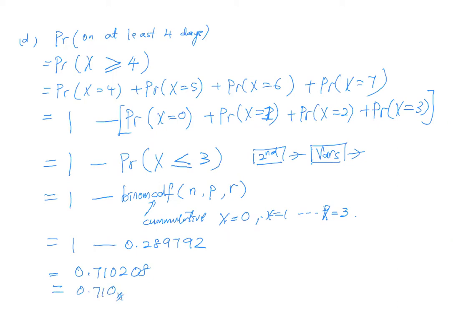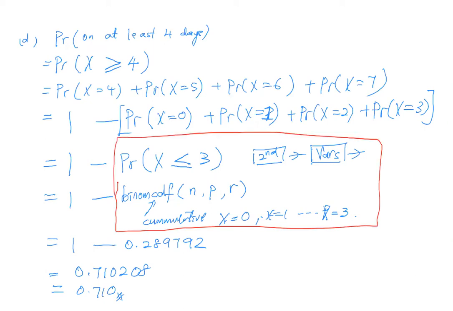Are you clear? Binom PDF is for one particular value. Binom CDF is for less than or equal to. Okay?